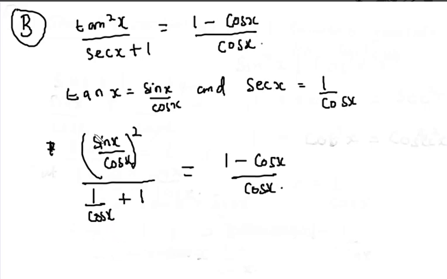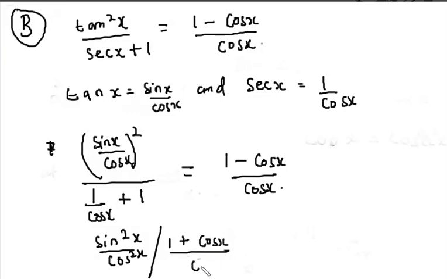If we square our sine and our cosines, we have sine square x over cos square x, divided by 1. We can simplify the denominator of this fraction, so it becomes 1 plus cos x, since 1 times cos x is cos x, divided by cos x. This is simply taking the LCM as cos x and simplifying these parts.